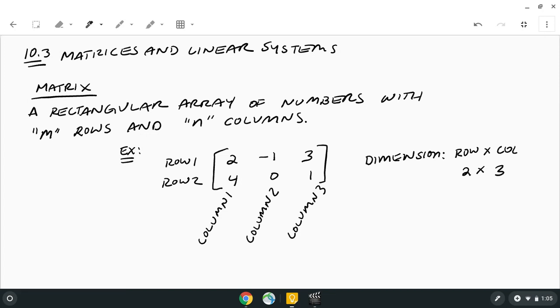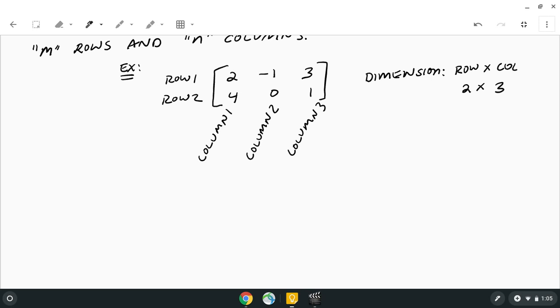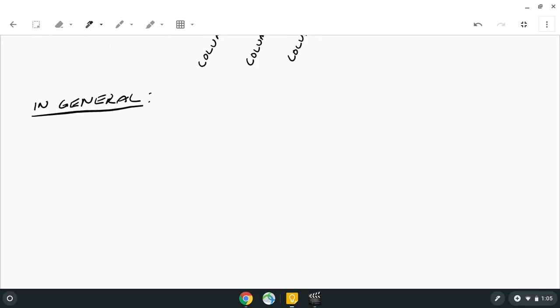All right, so in general, you will have this matrix. It could be however big it wants to be. And this element here would be in the first row and also in the first column. So here we say first row, first column.